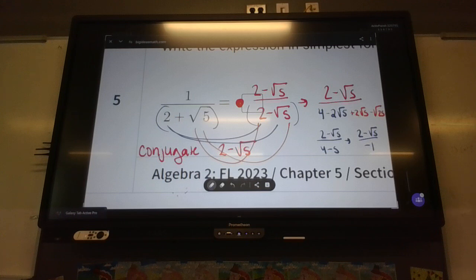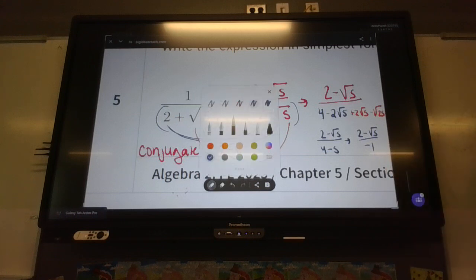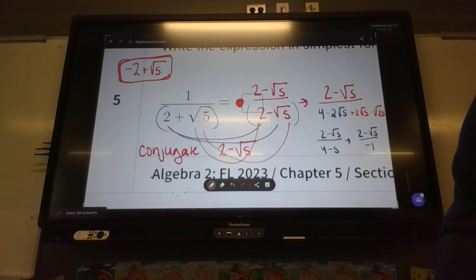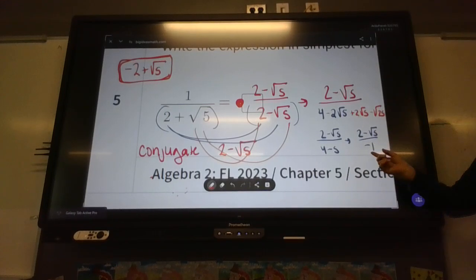I bet Big Ideas won't take that. They're going to make you multiply the top and bottom by negative 1, and this is the answer. So the conjugate is mixed into this lesson as well. You could try entering this into Big Ideas, it's right. But we don't typically leave negative numbers in denominators. So you just change the signs at the top.